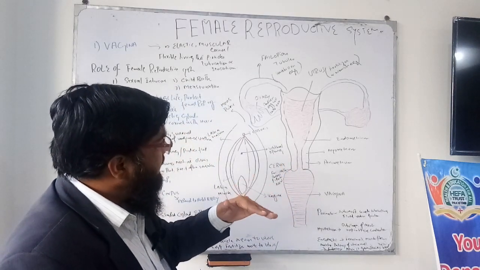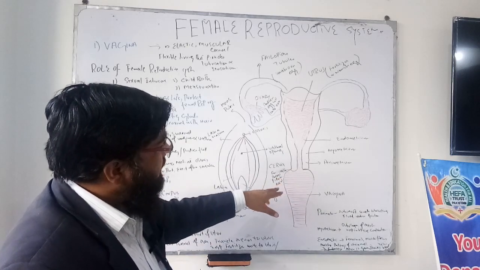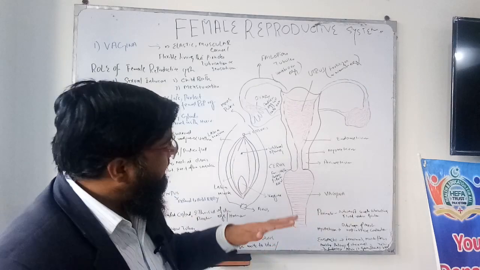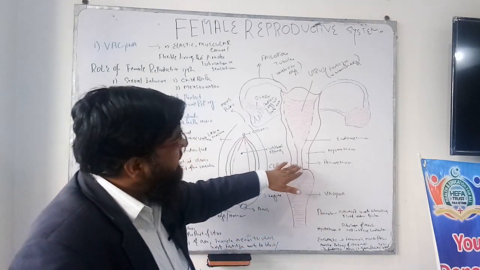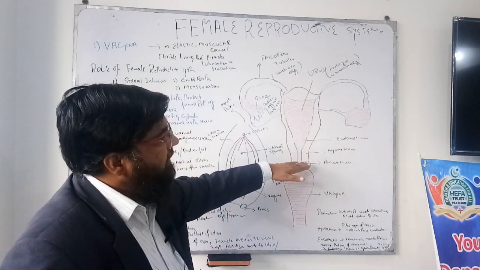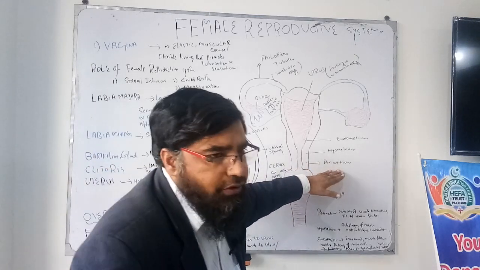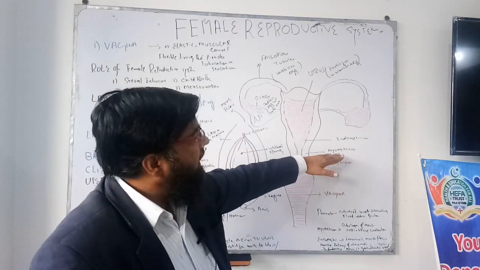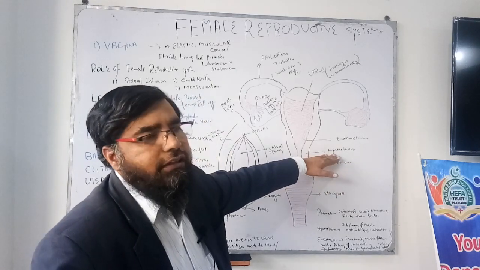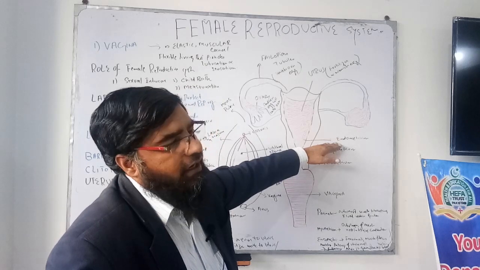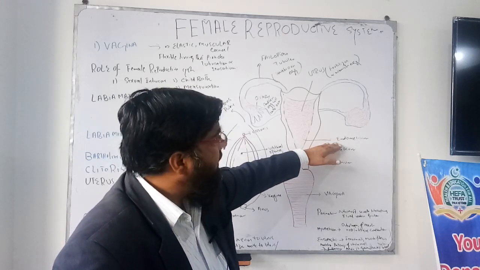Cervix basically facilitates the passage of sperms and it dilates the vagina. After this come three layers: perimetrium, which is the outermost layer, then the inner layer called myometrium, and the innermost layer called endometrium.